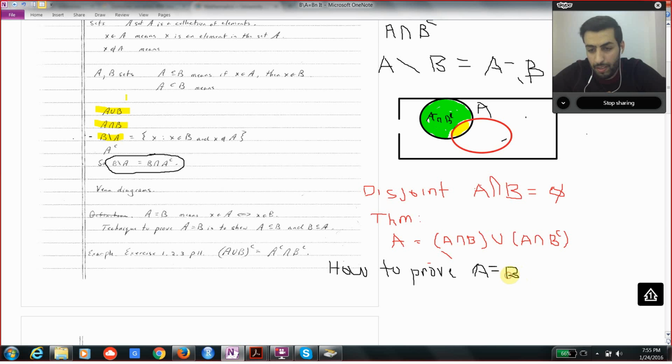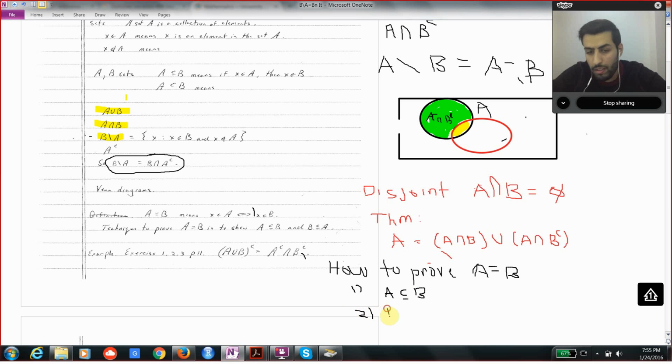Think about what it means to have a set. What we're interested in a set is who belongs in the set, right? So the first thing we have to show is that everything that's in A is in B. The first thing we prove is that A is a subset of B. And what do you think the second thing we show is?